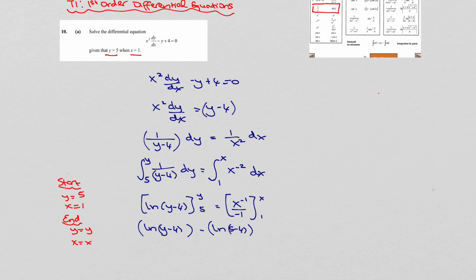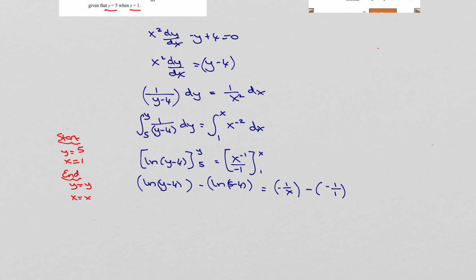And on the right hand side, if I sub in my limits, x to the power of minus 1 over minus 1 is the same as saying minus 1 over x. And if I sub in for x, it's just x, and then sub in for 1. So on the left then, we have natural log of y minus 4 minus natural log of 1.